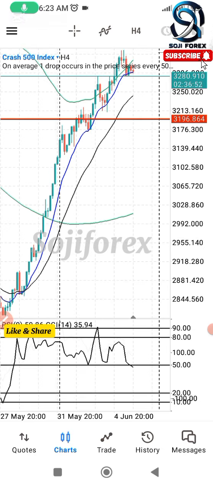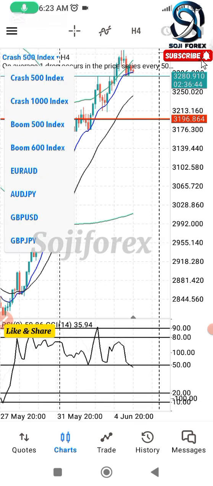Number 2, you must not have two running trades at a time. What that means is that you don't have a buy trade running on Crash 500, and then because you see a signal on Crash 1000, you now execute another trade. No, we don't do that. This strategy will not work in that way.